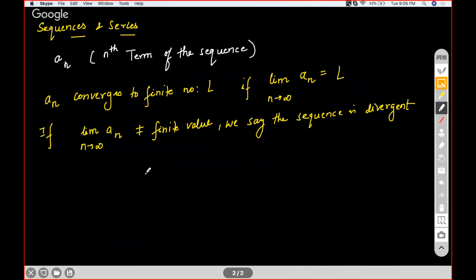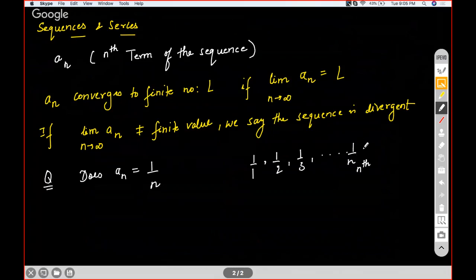Let's take a question. Does this sequence, when I write it like this, you understand, right? The sequence is like 1 by 1, 1 by 2, 1 by 3, etc. And when I go to the nth term, that term is 1 by n.